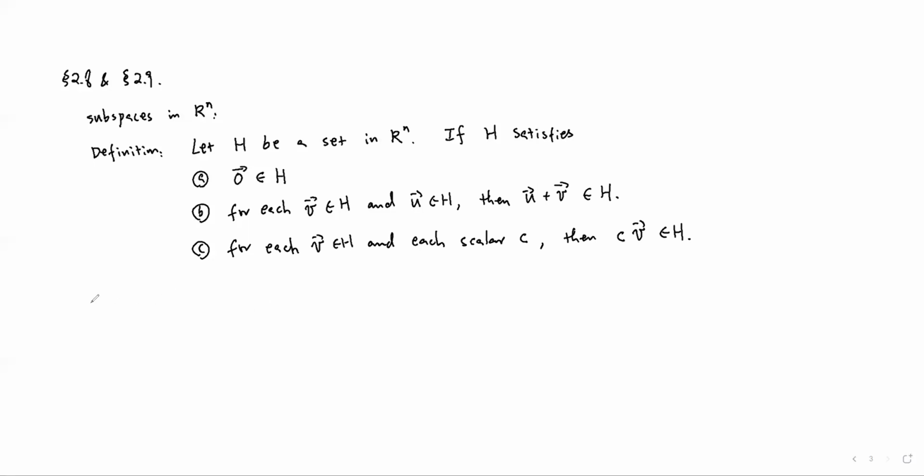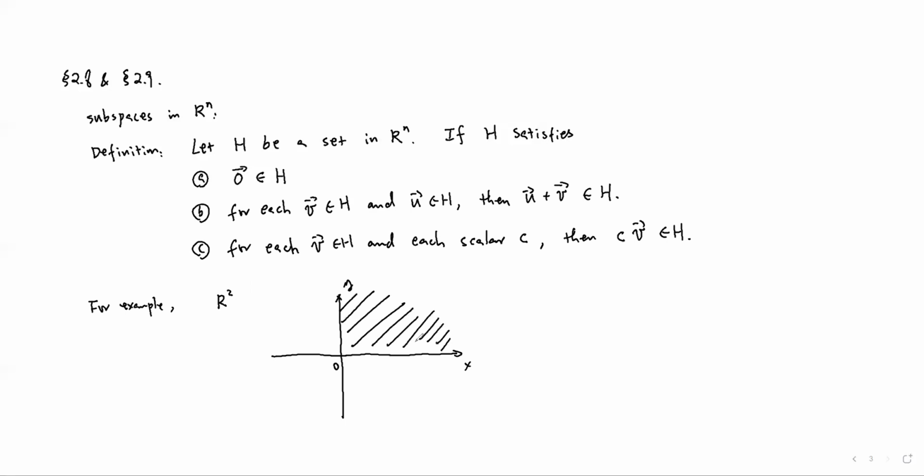For example, actually this is a homework problem. In R2, suppose we have a set of vectors in R2. Say for example, this set: all the points in the first quadrant.